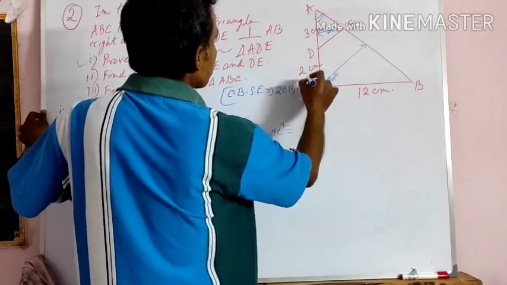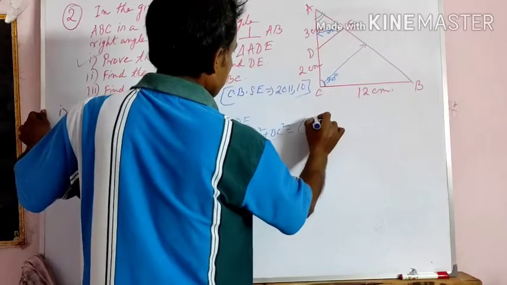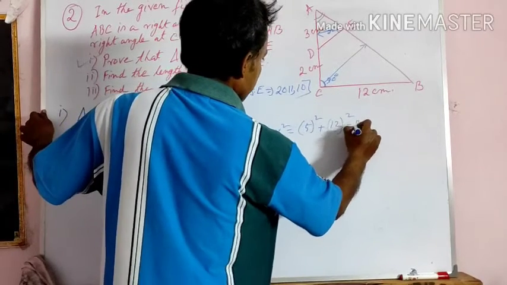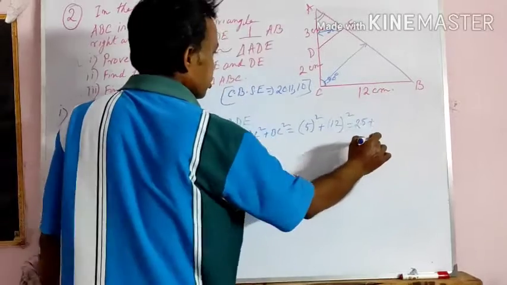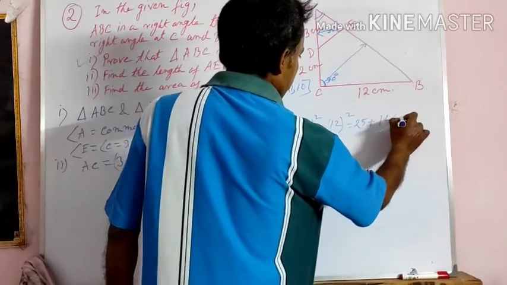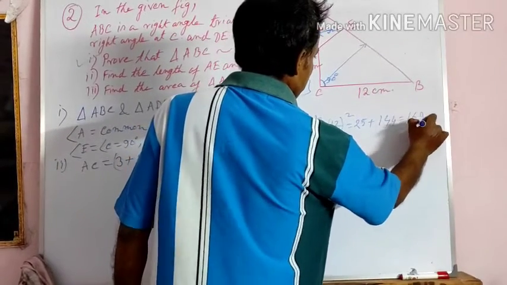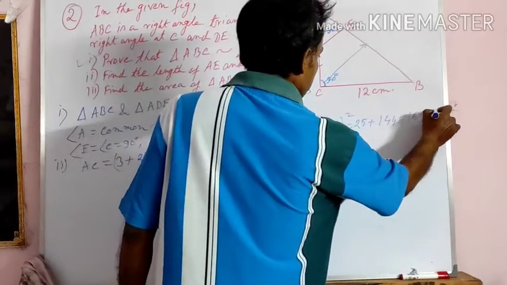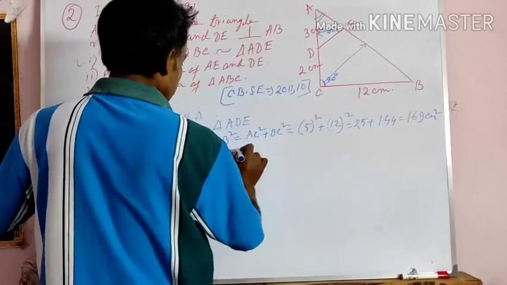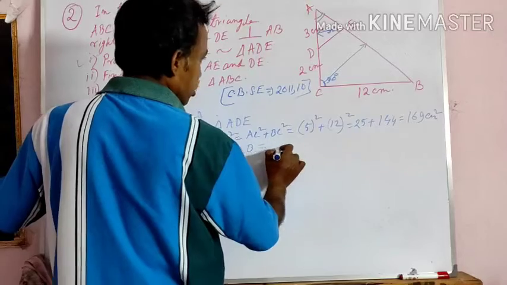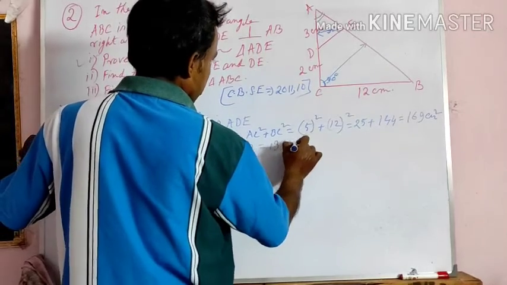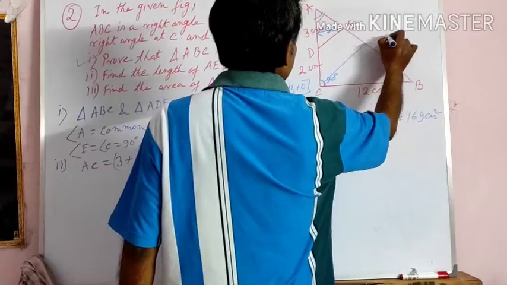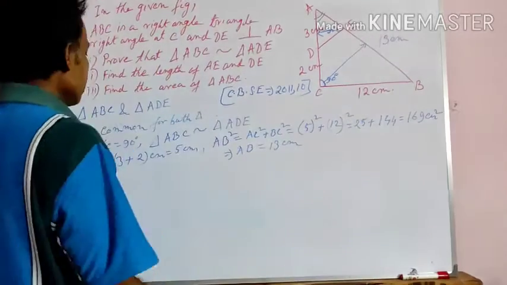AB square is equal to 5 square plus 12 square, which is 25 plus 144, equal to 169 centimeter square, or AB is equal to 13 centimeter.